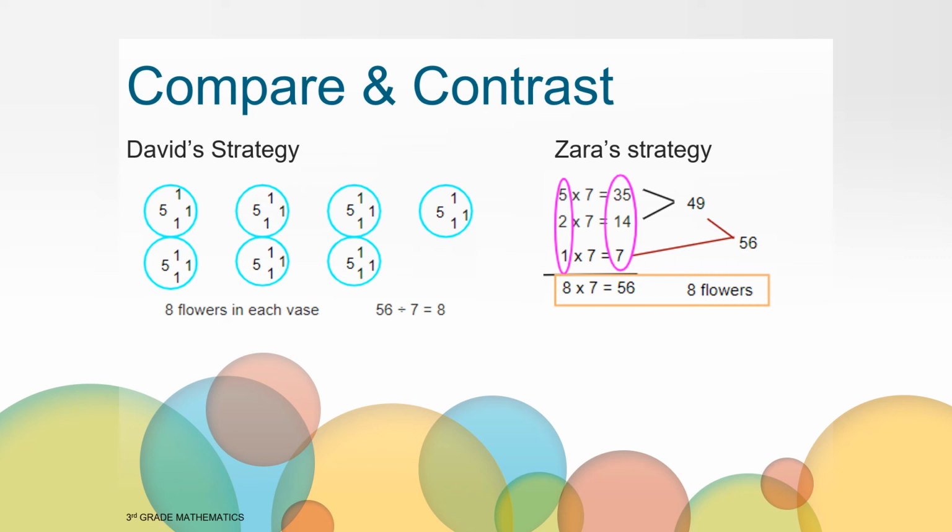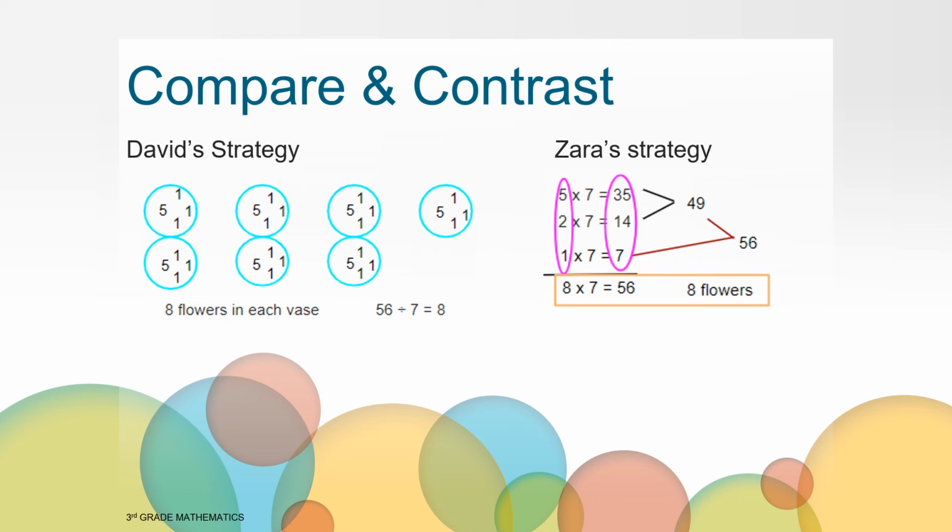Yes, you certainly can. Multiplication and division are closely related. They are opposite operations. You can use multiplication to solve division. Where do you see 5 times 7 in David's strategy?